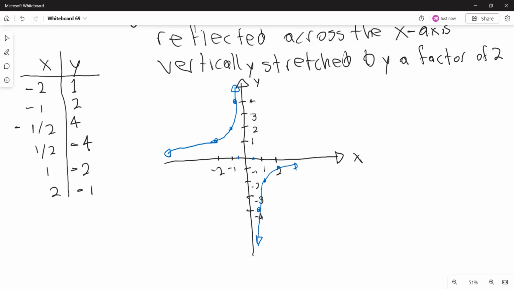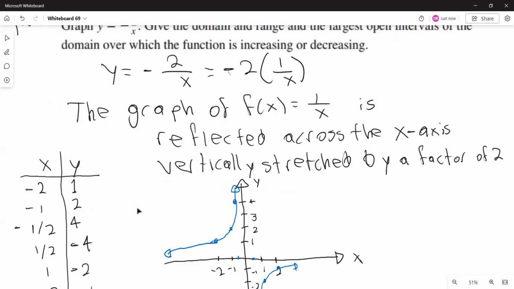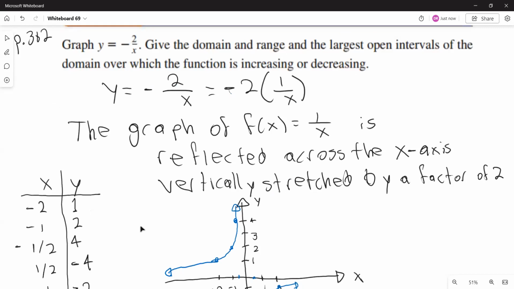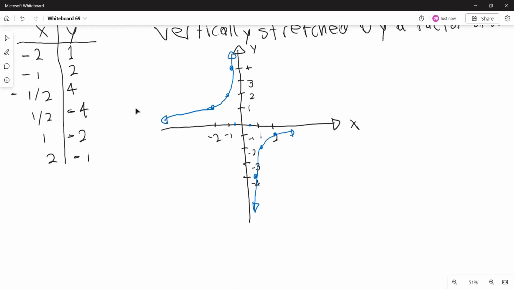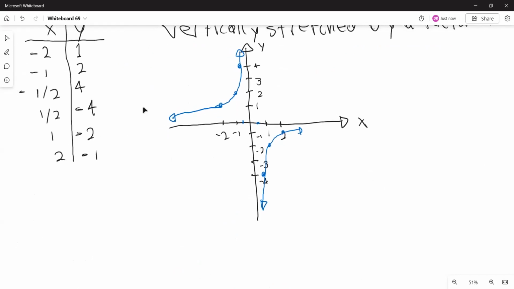Now the domain and range of this function. They were asking us for the domain and range and the largest open intervals of the domain over which the function is increasing or decreasing. So x is never going to be 0. We know that -2 over 0 is undefined.